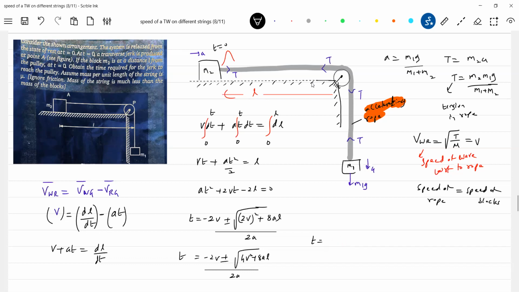What can we do? Yeah, okay. The root will be 4V square. If I take 4 outside, this will become, and A I'll send inside. This will be your answer.